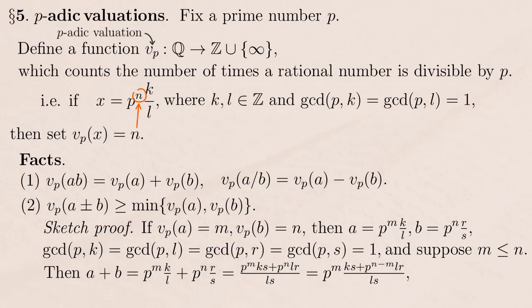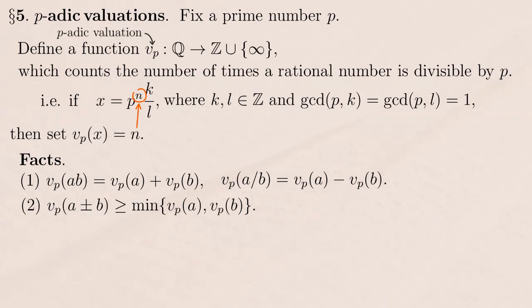Now because m is less than or equal to n, the number on the top here is still an integer, and p is still coprime to the number on the bottom, again by Euclid's lemma. We need to show that this is divisible by p at least m times, but there are m factors of p out the front, and maybe even some extra factors of p in the numerator, and none in the denominator. Same method works for a minus b as well.